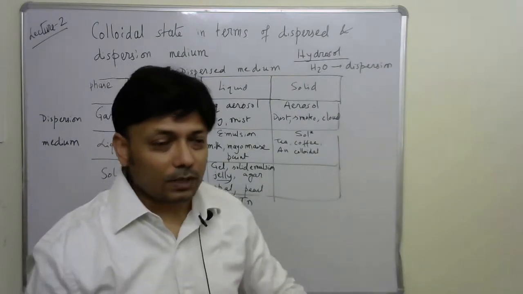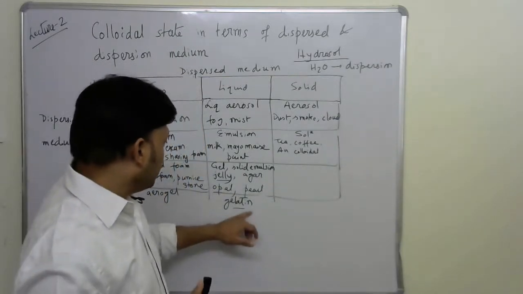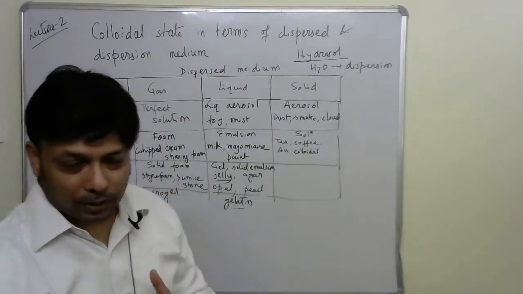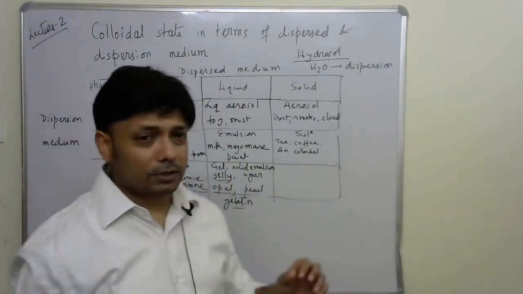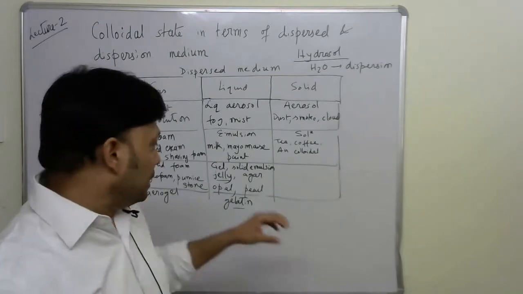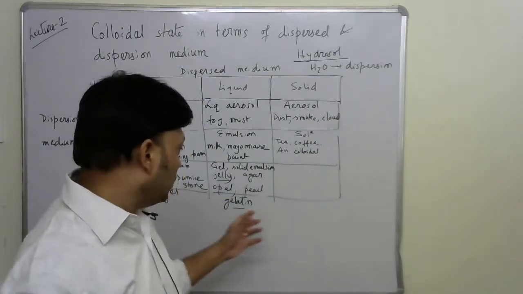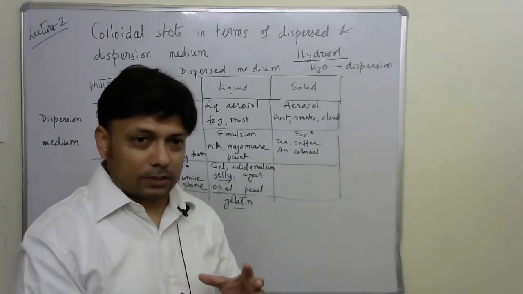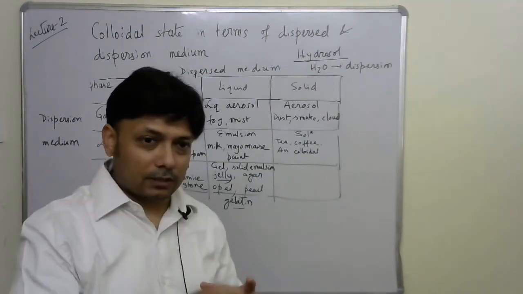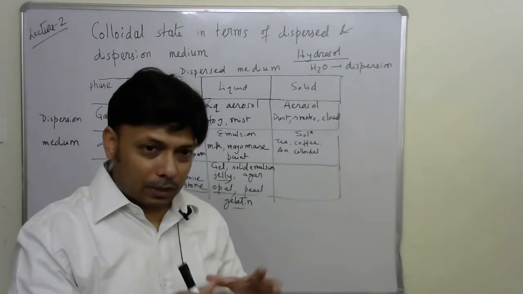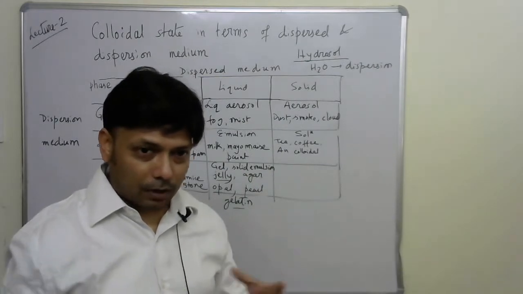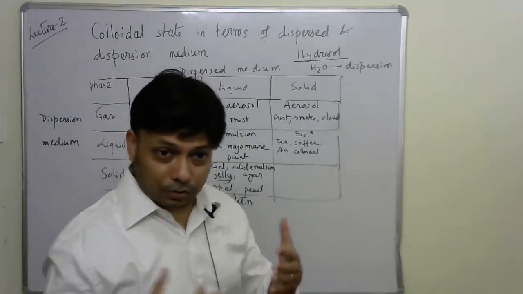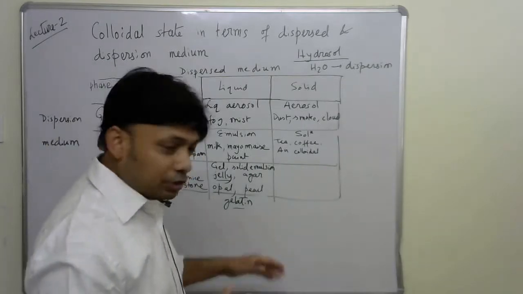Okay. And then I told you there is another part, gelatin. Okay, so this is a little bit interesting because when you take gelatin usually extract as a solid form. So when you moist it, that means when you take water in this solid gelatin, it gives you a jelly or gel type of appearance. It becomes transparent also.